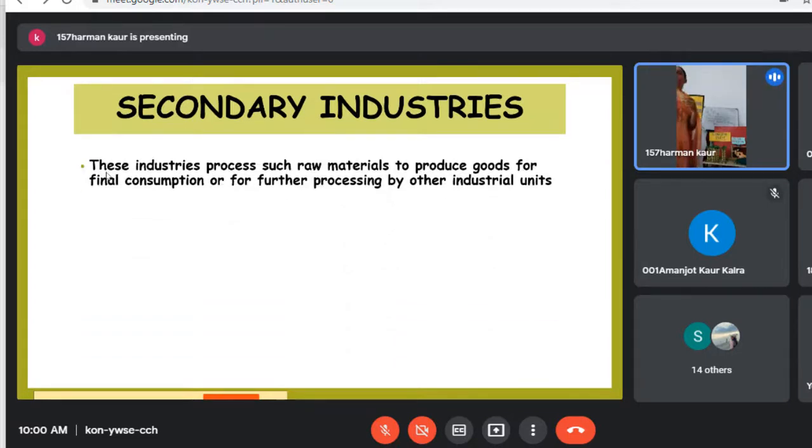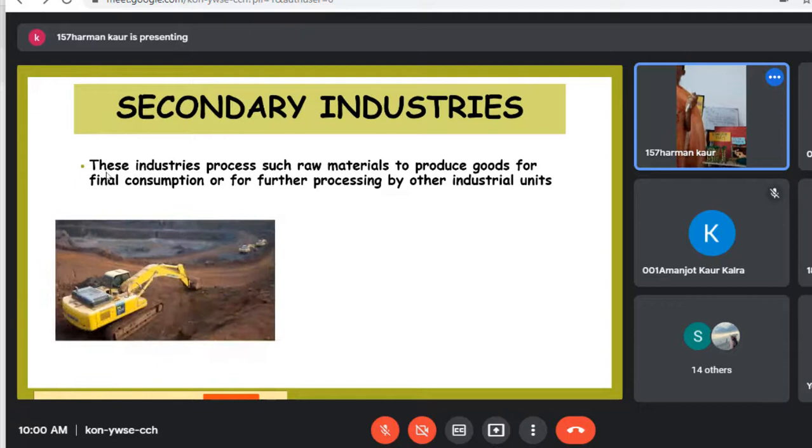These industries process such raw materials to produce goods for final consumption or for further processing by other manufacturers, other industrial units. These industries process such raw material which is used as final consumption by consumers like us and also used by other industrial units for further processing. For example, iron ore is extracted, and iron ore is an example of which industry?